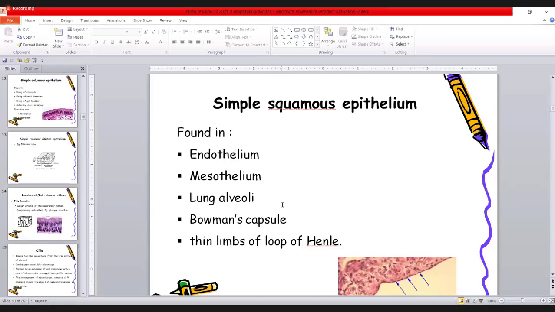Pharynx, larynx, and trachea, yes. Trachea, primary bronchi, like that. So you have to specify like that. Right, okay. That's basically about the simple epithelia.